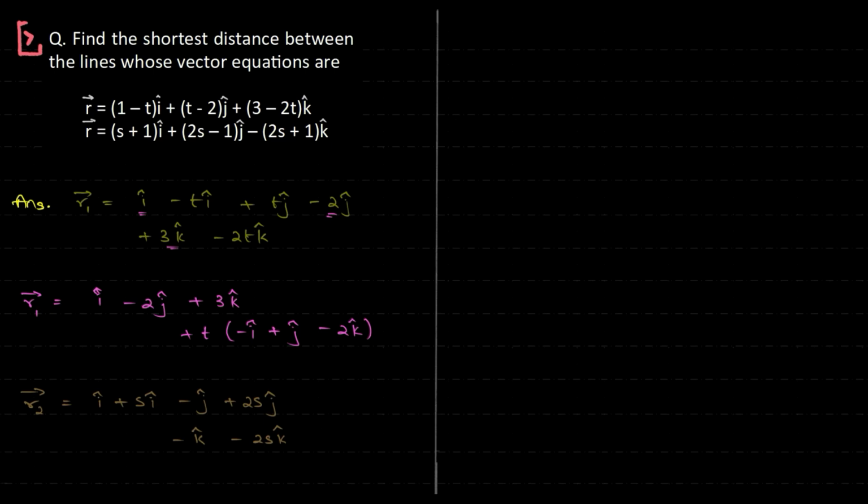Then we have R2 in its standard form as i cap minus j cap minus k cap plus s times i cap plus 2 j cap minus 2 k cap.